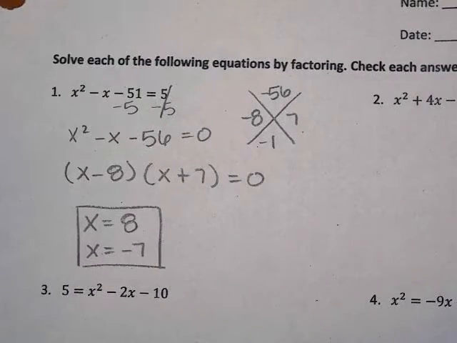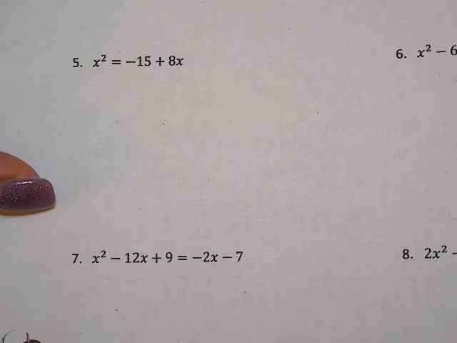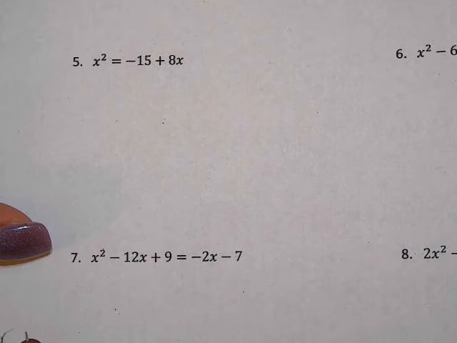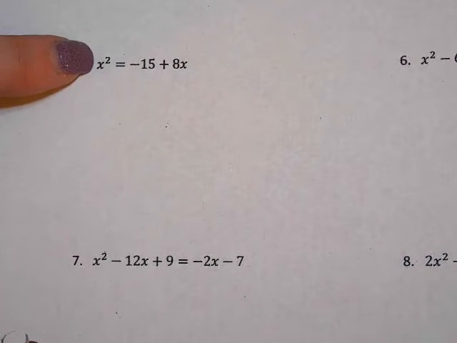Okay, let's look at number 5. What should we do with number 5? Now, if we move x squared, we're going to have a negative x squared, which I mentioned in the notes. What did I say in the notes?